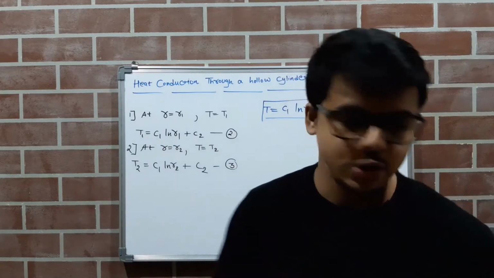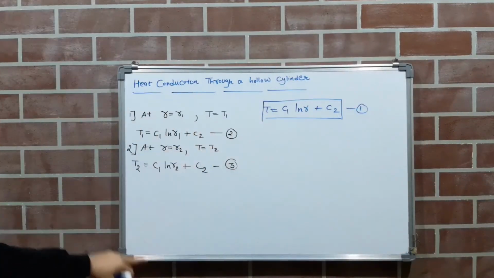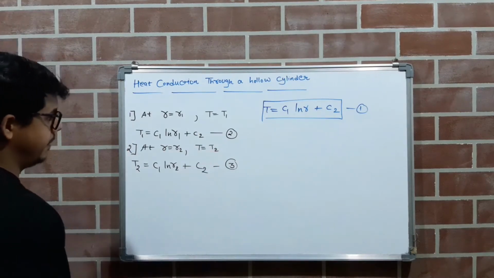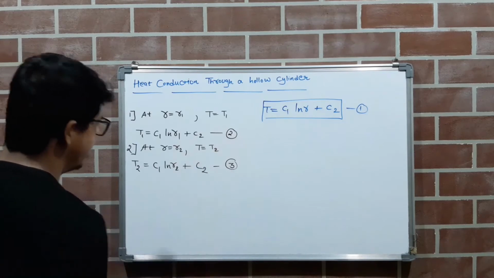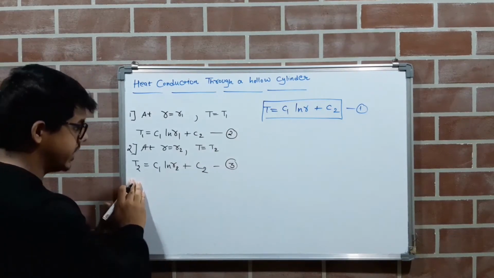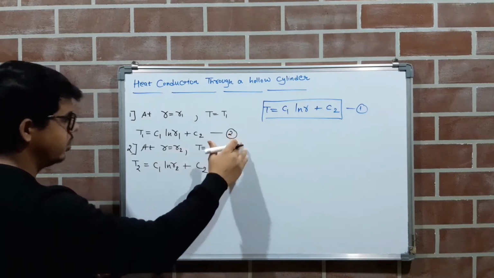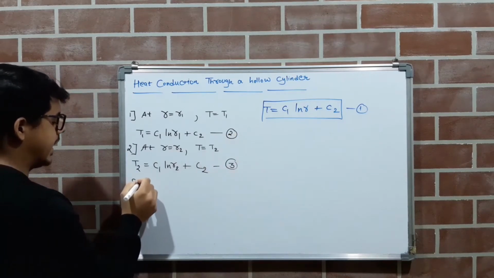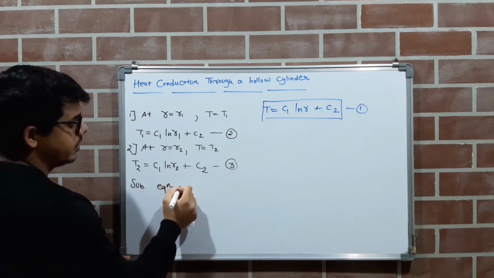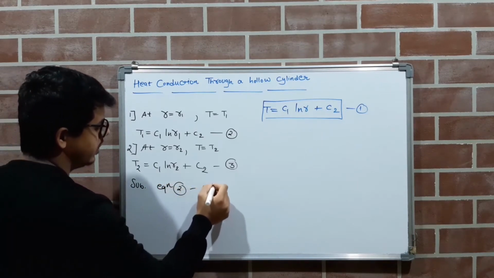Now what would be the next step? Which step should I do to eliminate this C2 from these two equations? I will subtract equation 3 from equation 2. You have to write the whole statement that subtracting equation 3 from equation 2 we will get, but I am writing directly here. Equation 2 minus equation 3.